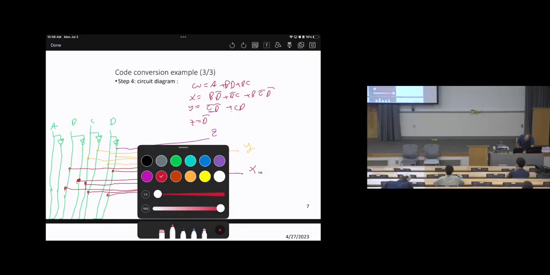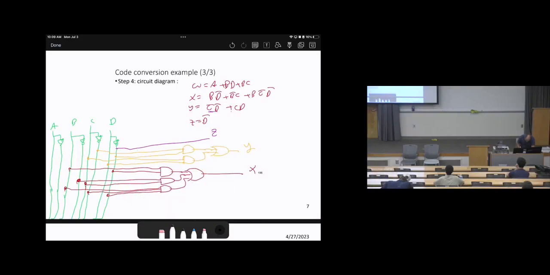So the last one is the variable W. So the variable W, there is A, BD plus BC. So we have A first, then BD, here is B, here is D, then with AND gates, then there is BC.